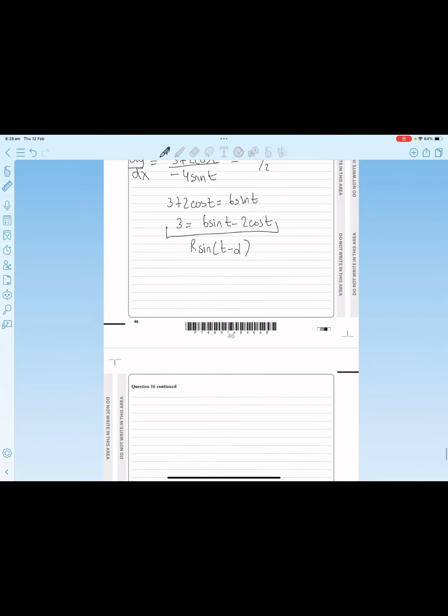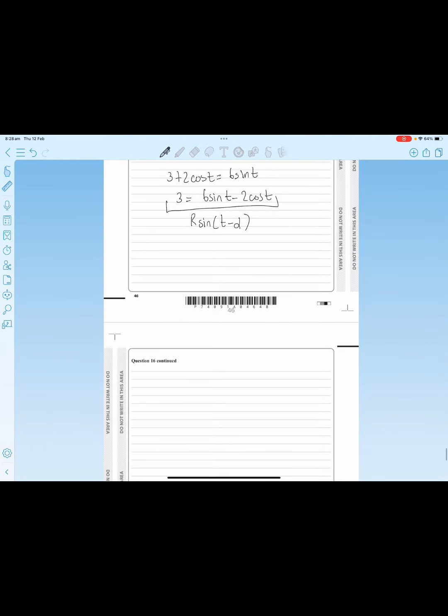So now that I know it's blended, I can say that 6 sine t minus 2 cos t is equal to R sine (t minus alpha). Therefore, using the addition formula, 6 sine t minus 2 cos t is equal to R sine t cos alpha minus R cos t sine alpha.